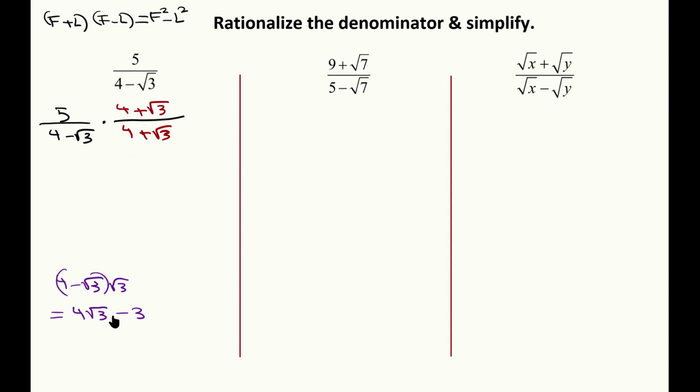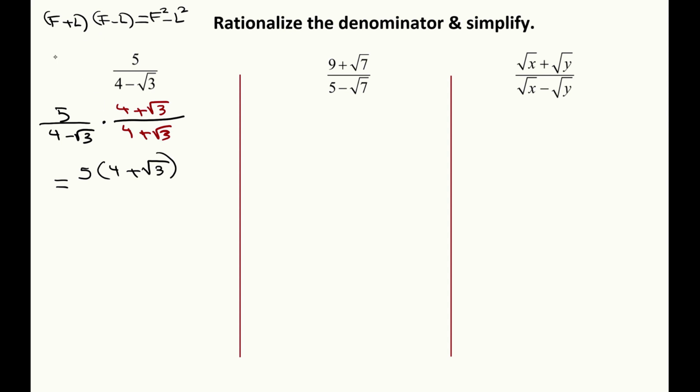Now this, on the other hand, notice how nicely that will work out, because now we'll get 5 times 4 plus radical 3 on the top. Down here, remember, your F is going to be 4 and your L is going to be square root of 3.